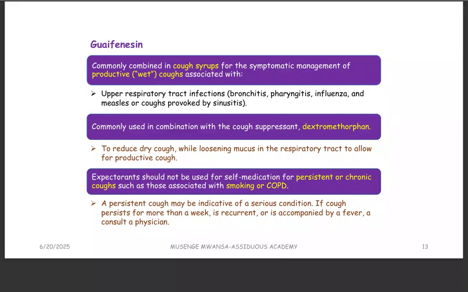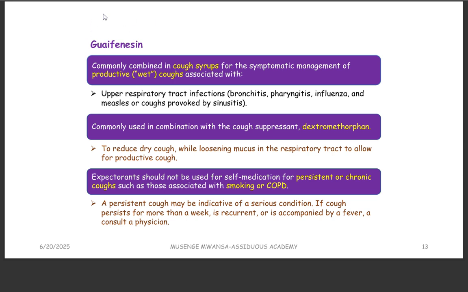So guaifenesin itself is commonly combined in the cough syrup. Okay, it's something that is sweet. You know, cough syrup. If you remember when you were a child, you're having a cough, they give you this nice drink which is so sweet. That's the cough syrup.